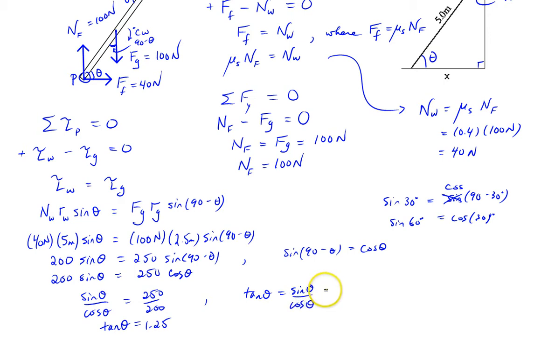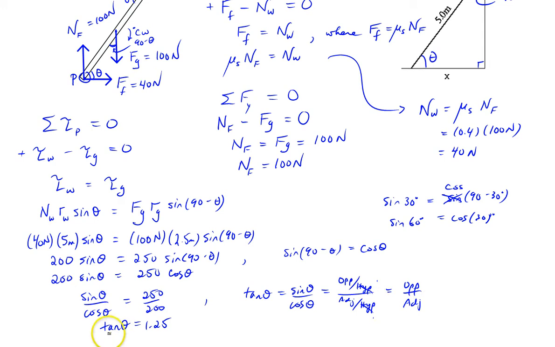You should have learned that in your math class. Remember, sine theta is opposite over hypotenuse, and cosine theta is adjacent over hypotenuse. The hypotenuses cancel out, and you get opposite over adjacent, which is really just tan theta.